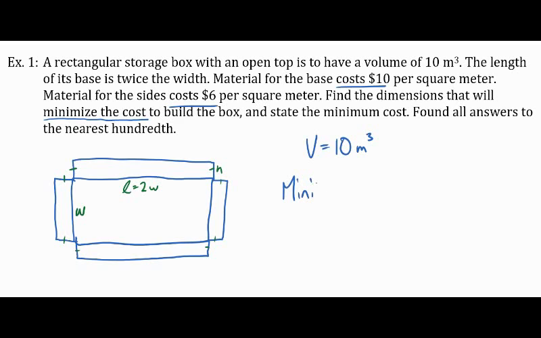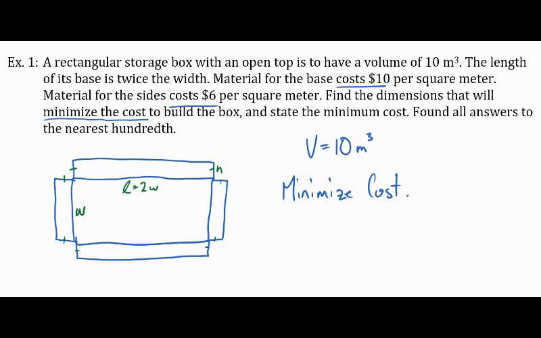We're trying to minimize cost. And what that does is it focuses you that you have to come up with an expression for the cost. Don't come up with an expression for the surface area of the box. The material that makes the box is the surface area. So that is what we're talking about.